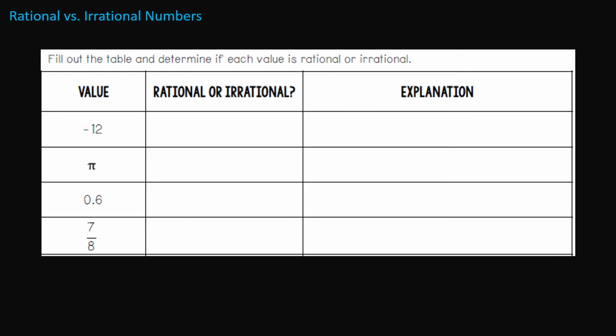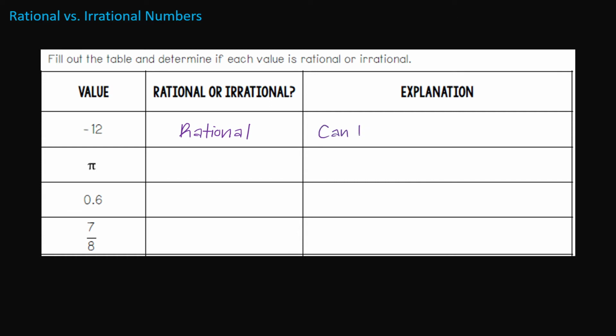So let's practice. We are going to fill out this table and determine if each value is rational or irrational, and provide an explanation. Let's start with the first one. Negative 12. Is it rational or irrational? Well, it can be written as a fraction, so I'm going to say it is rational. You can write the number negative 12 as a fraction over 1.